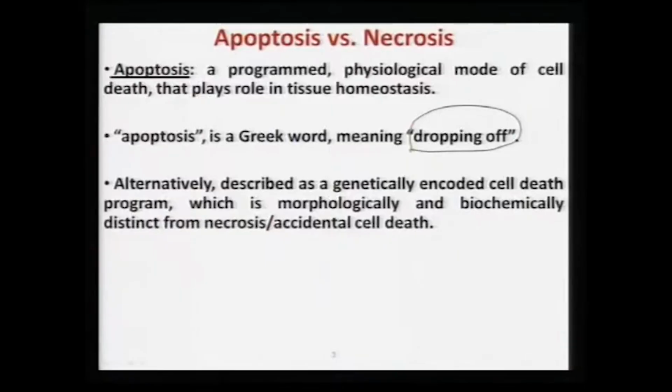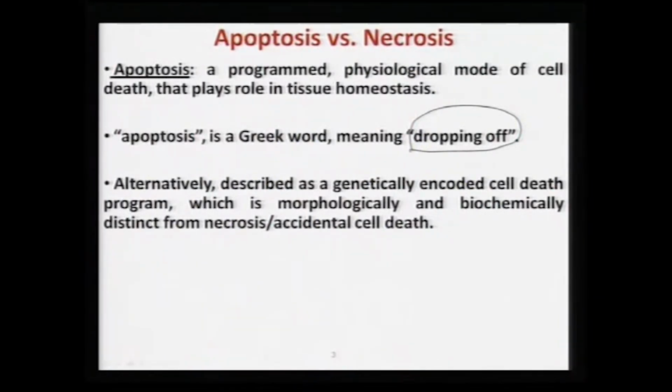Similarly, apoptosis in the context of cell biology means the cells are also kind of dropped off, they are not anymore alive, they are now dead. Now, what is the textbook definition of apoptosis? It is a programmed physiological mode of cell death that plays a role in tissue homeostasis.